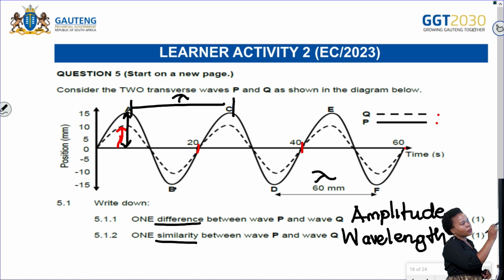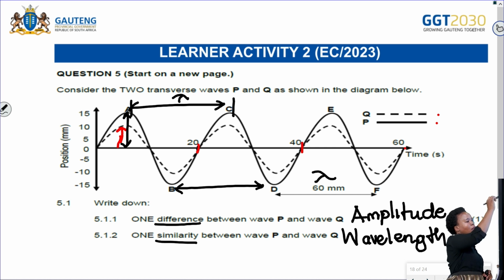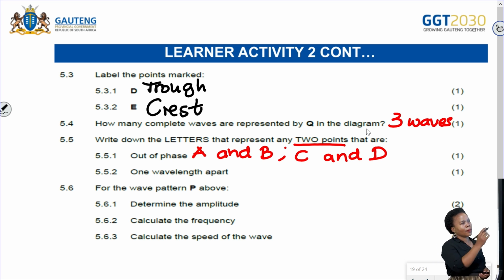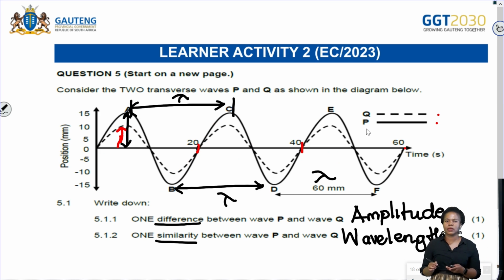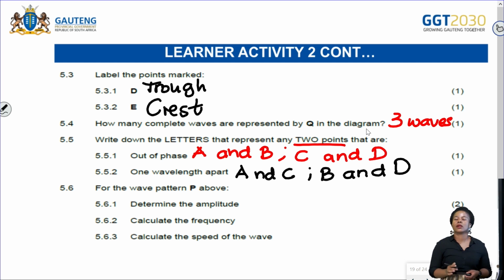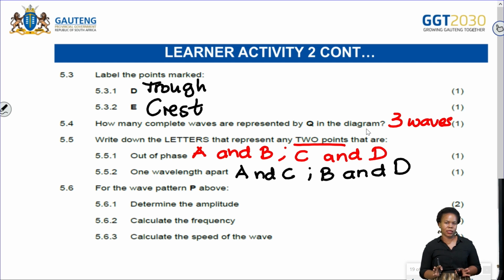Here and here, this is your wavelength. So you can just take A and C. Someone else can come in and say, no, ma'am, I think I like B and D. That will still be very much correct.